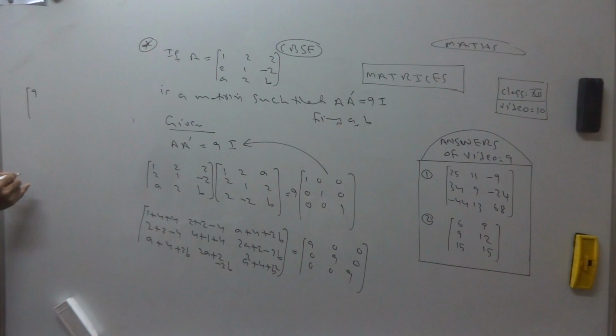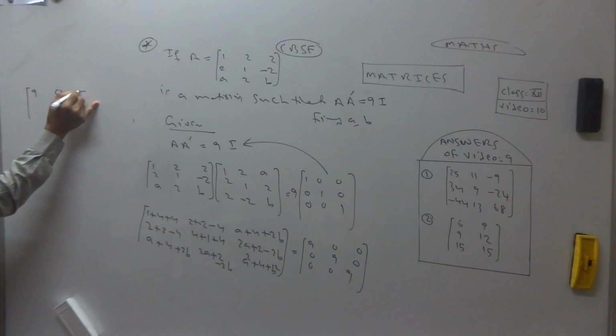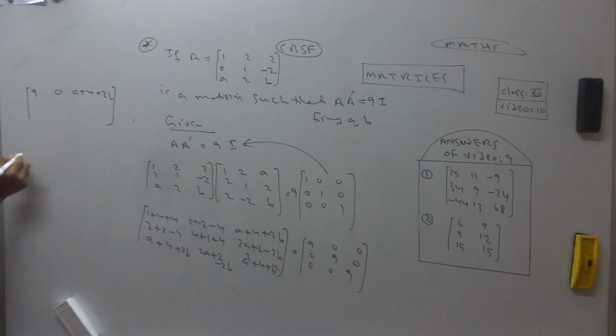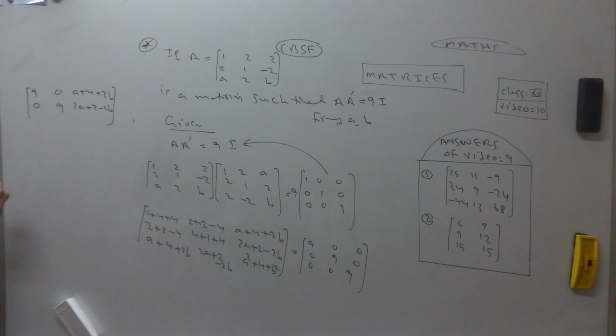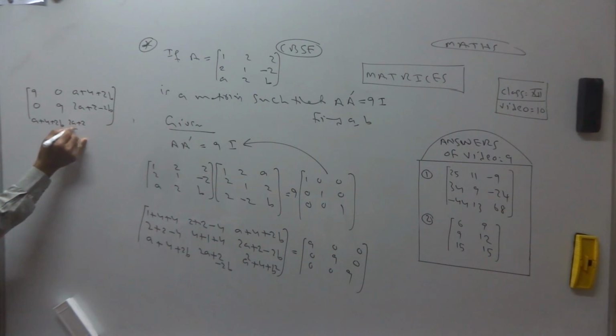So see what I am getting now. This is 9 0, A plus 4 plus 2B, 0 9, 2A plus 2 minus 2B. A plus 4 plus 2B, 2A plus 2 minus 2B.